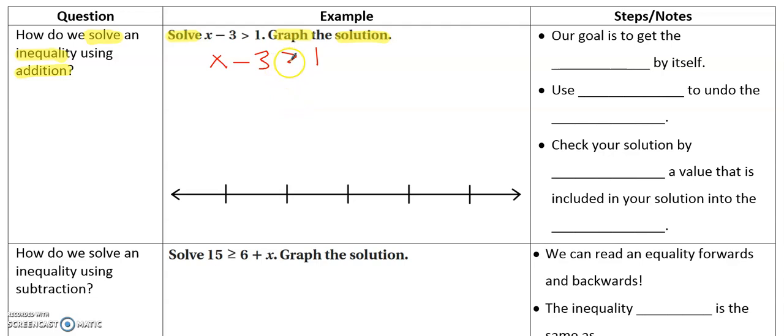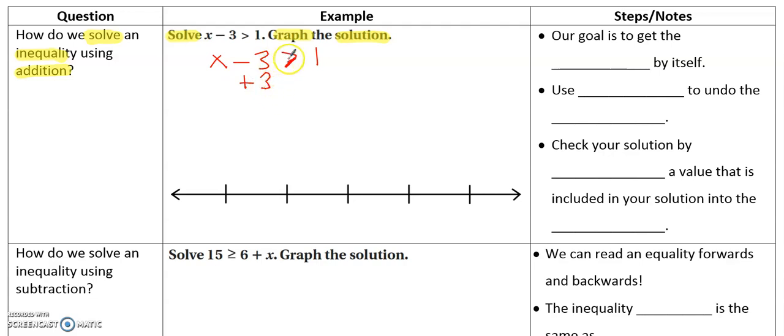All right. If I want to solve this, I do not want x with the minus 3. I want just the x. So what can I do with minus 3 to make it 0? Well, I can add 3, because minus 3 plus 3 is 0.